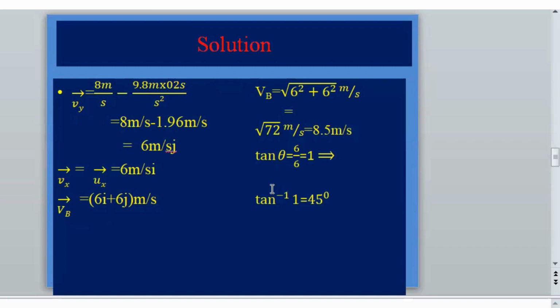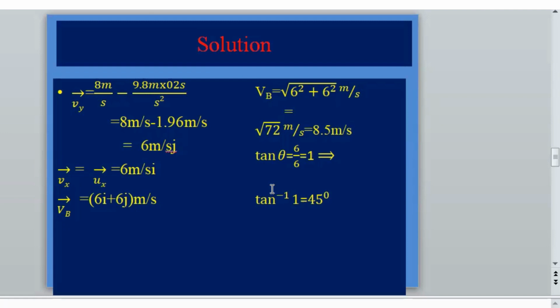The horizontal velocity at point B is 6 meters per second in the x direction because it is constant. So the velocity at point B in component form is 6i plus 6j meters per second. The magnitude of this velocity equals the square root of 6 squared plus 6 squared meters per second, which gives 8.5 meters per second.